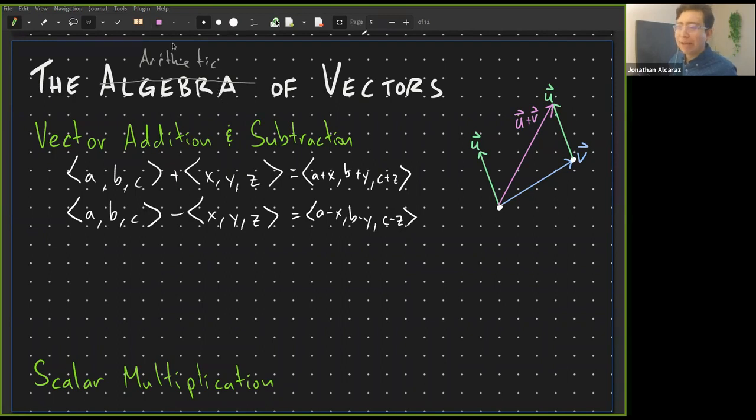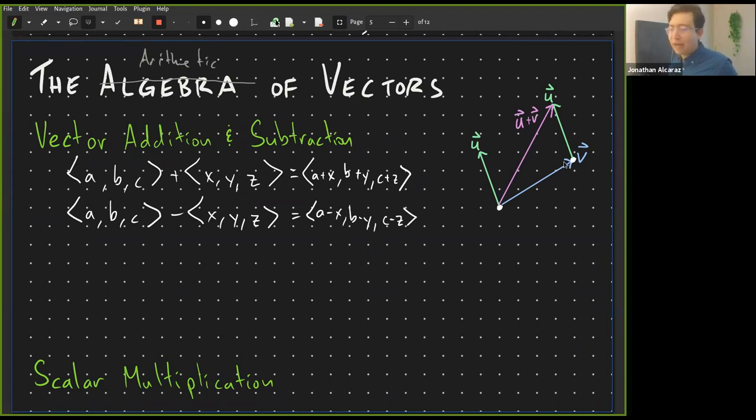Anyone remember how we find u minus v in terms of the picture? Let me do that in red here. In terms of the picture, how do I do u minus v? Someone's saying head to head. Yeah, so head to head I think is a good description.